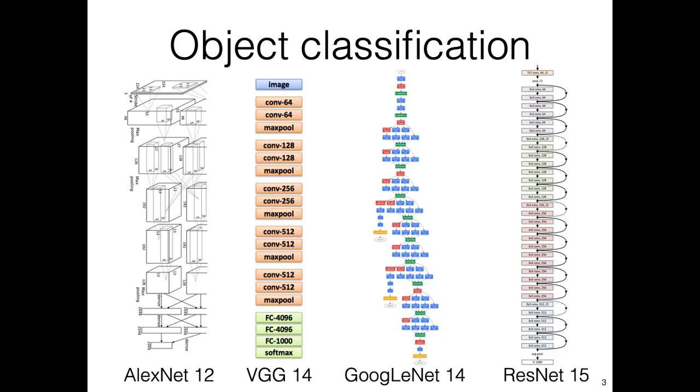And here I'm showing some DNN architectures, going from the pioneering one, AlexNet, in 2012, before this DNN fever started, and then how this architecture evolved with deeper and wider layers, and skip connections in the case of ResNet, to reach more and more accuracy in this particular task of object classification.